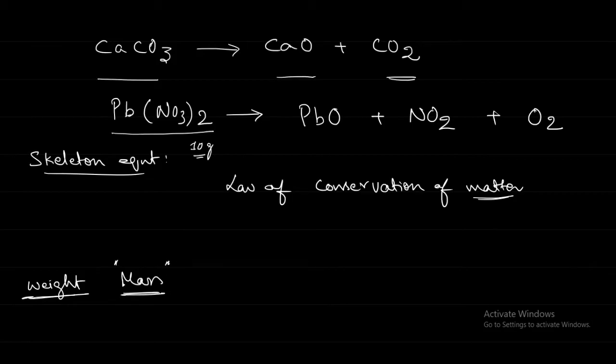Mass is an inherent property. What is it? Inherent, that is the property of that material. But weight does not depend upon that material, it depends upon the gravity. If it is on earth, it will show a different weight. If it is on the moon, it will show a different weight. So here we are not talking about weight, we are talking about mass. Mass is the inherent property of that material.